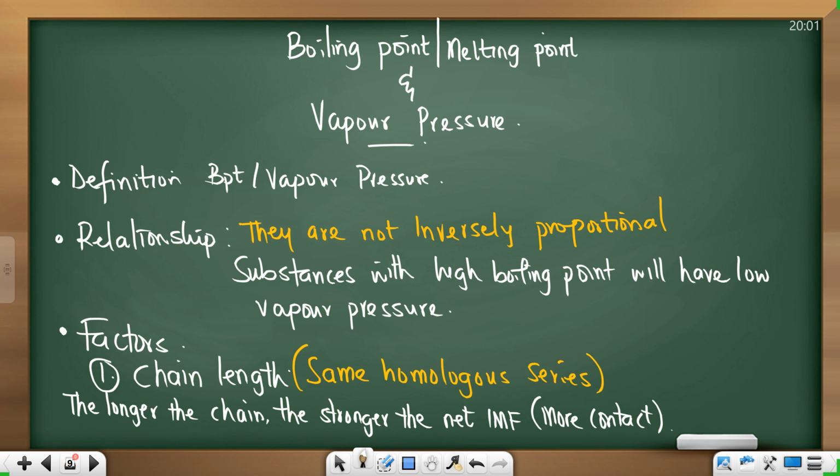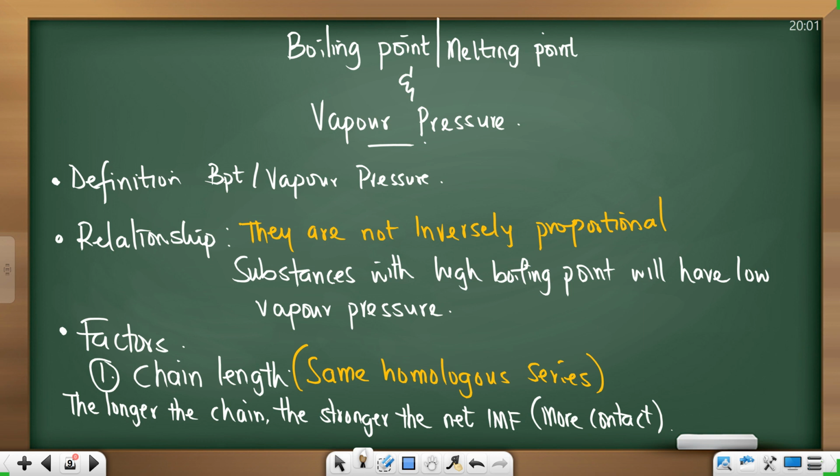All right, the longer the chain, the stronger the net intermolecular force. Is that okay? All right, I see you guys are on fire. You're giving me all the factors already. Beautiful. I love it. I just love it. The longer the chain, the stronger the net intermolecular force, because there is more contact. All right.